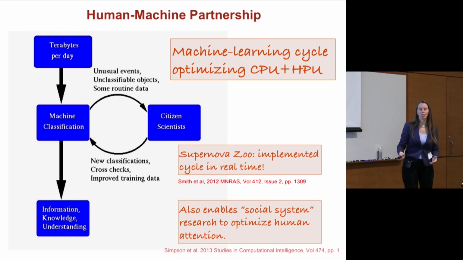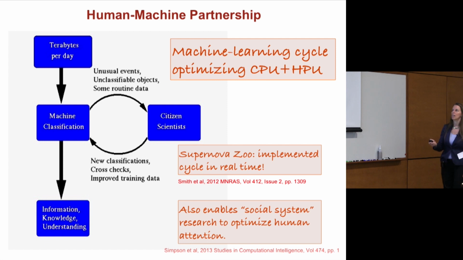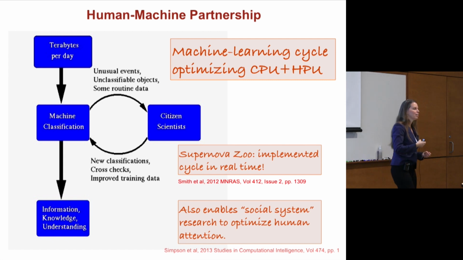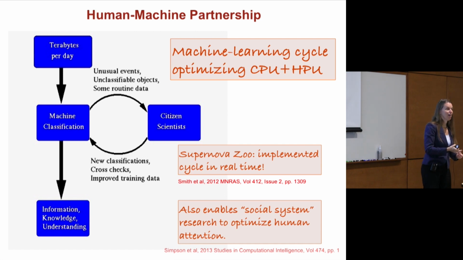And at the end of it all, with humans and machines doing what each is best at, you get the best set of information and knowledge and understanding out of it. We have implemented this cycle in a couple of projects now, most notably Supernova Zoo. It also enables us to do some sociological studies on the accuracy of citizen scientists, but that's a whole other story as well.